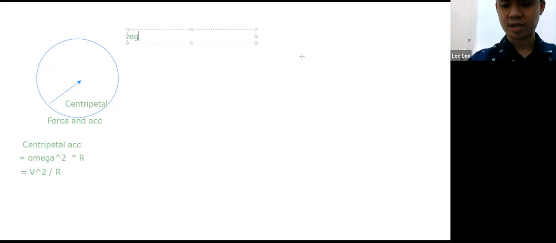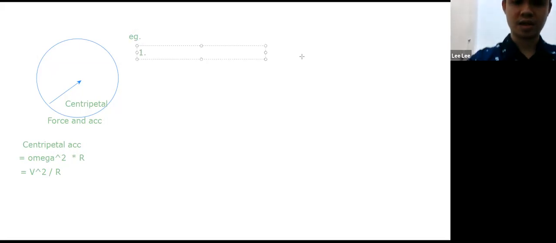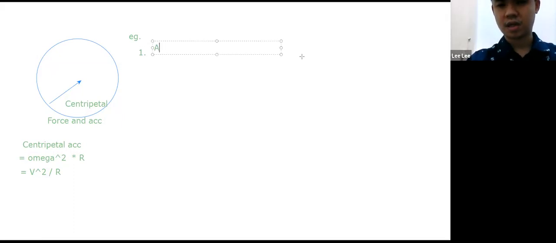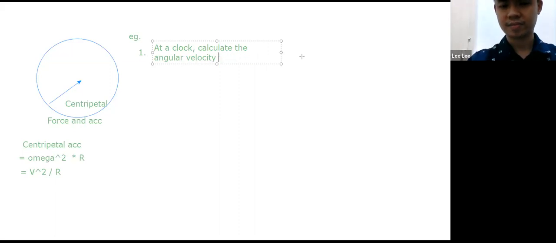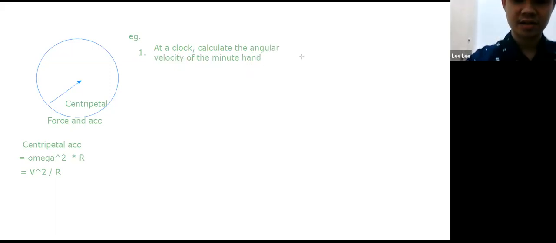So I give you another example again. Let's say question number one. Let's say our clock. He asks you to calculate the angular velocity of the minute hand for 1 hour.